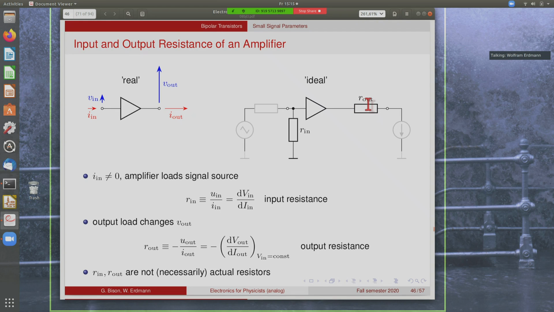And we just calculated the output resistance for the emitter follower amplifier here.